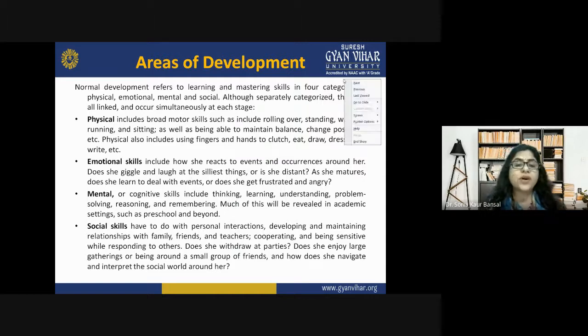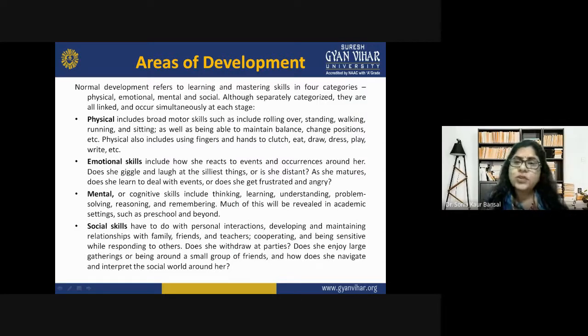So when we are talking about mental development, students, it gives lots of opportunity to the student in different ways. How is the child learning, or how is the child behaving in the classroom situation? Is the child showing appropriate behavior in a particular situation?